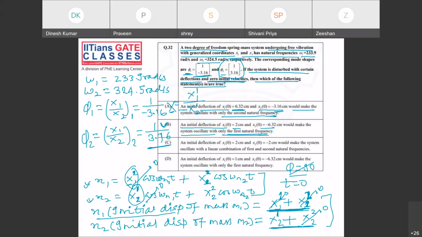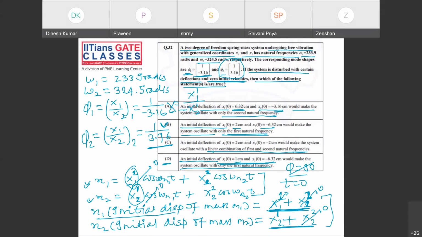Now I will not check C initially. Why? Because it's a combined mode. I will check it, but first I will not check. First, what I will see, D option. Why I see D option? Because they mention an initial displacement 1 centimeter and minus 6.32 centimeter, and the system oscillates only with first natural frequency. So what is the difference between B and D? The only difference is these initial conditions. But the system vibrates in first natural frequency only.